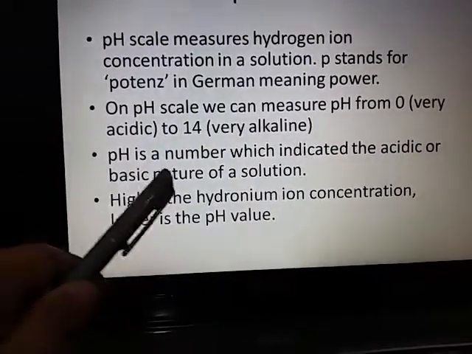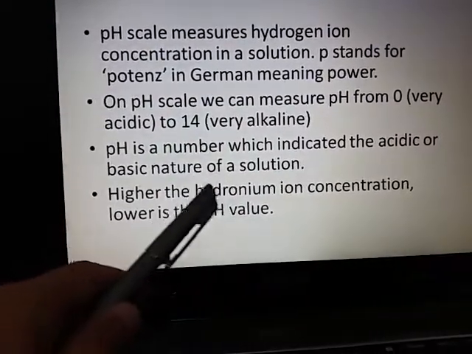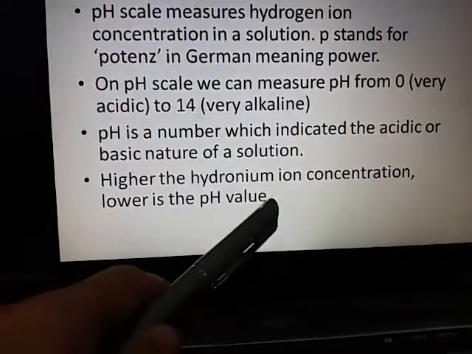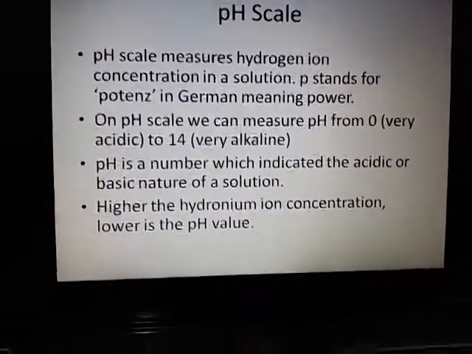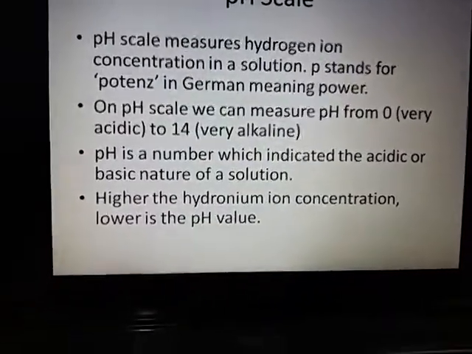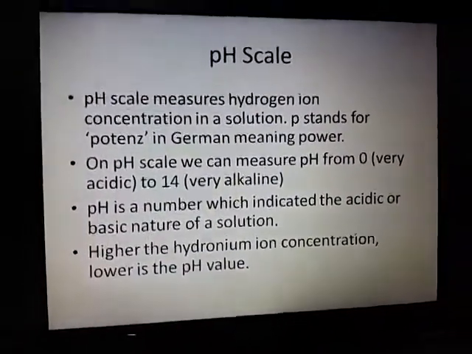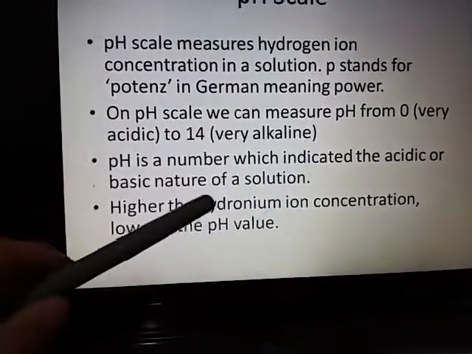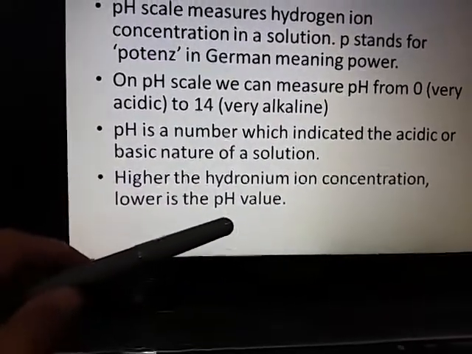Okay, so pH is actually a number which indicates the acidic or basic nature of the solution. And the higher the hydronium ion concentration, the lower is the pH value. Okay, so the formula for finding pH is negative log of hydrogen ion concentration. So it is negative log, therefore the higher the hydronium ion concentration, the lower the value of pH we will obtain, right?